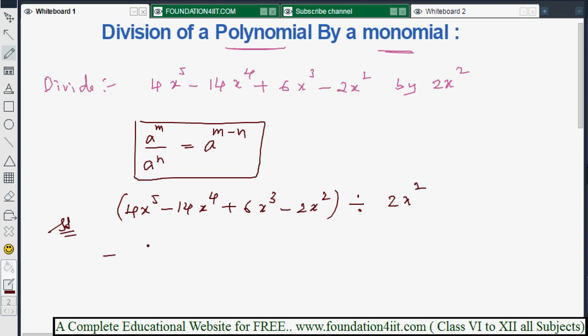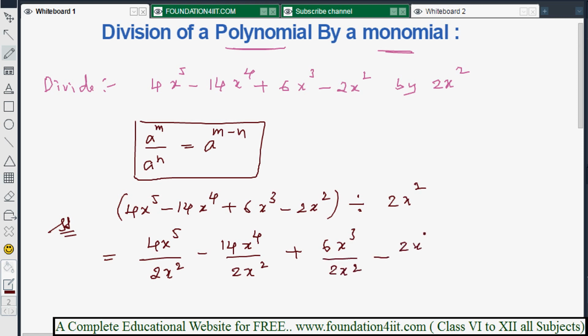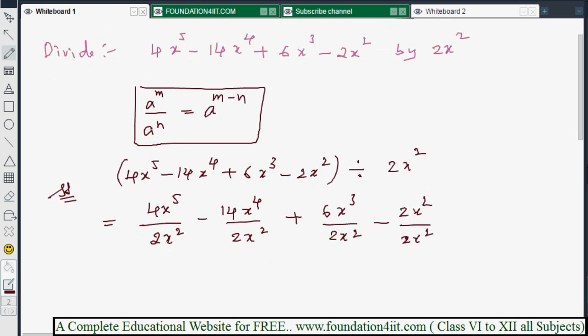So we can write the statement like this: 4x to the power 5 by 2x square, again minus 14x to the power 4 divided by 2x square, plus 6x cube by 2x square, minus again 2x square by 2x square. This value we need to simplify.